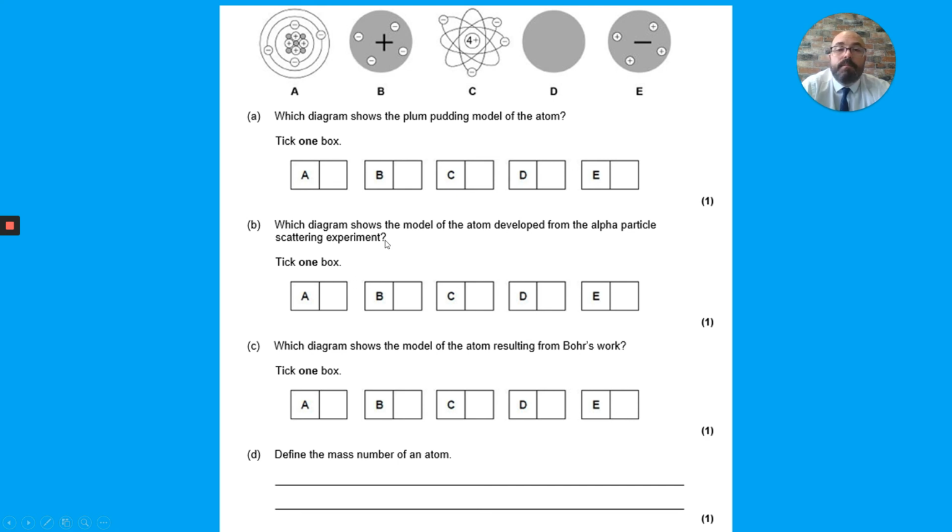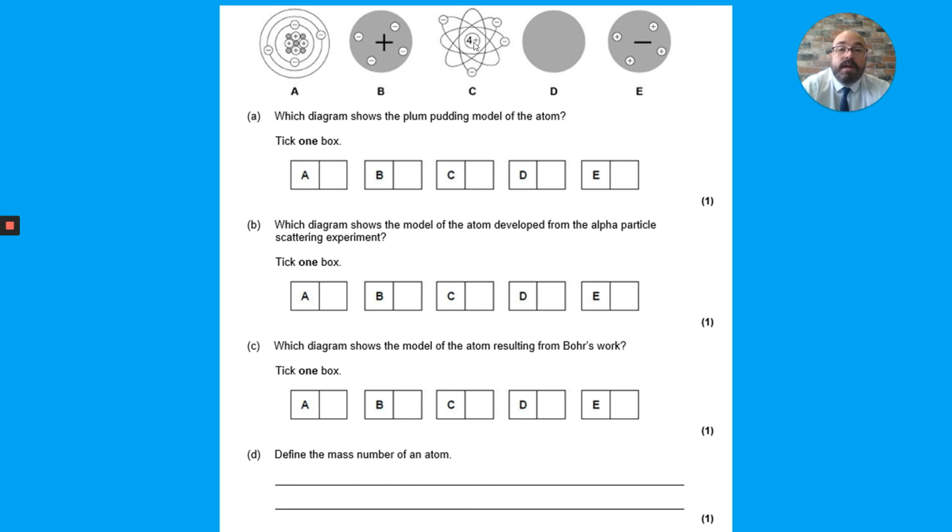So if I look at question B, which is the alpha particle scattering experiment, it's got to be A or C. Now I'm drawn to this one purely because the nucleus only shows positive charges. It doesn't suggest anything else is in the nucleus, and that is what the alpha particle scattering model showed, that in the nucleus all you have is positivity.